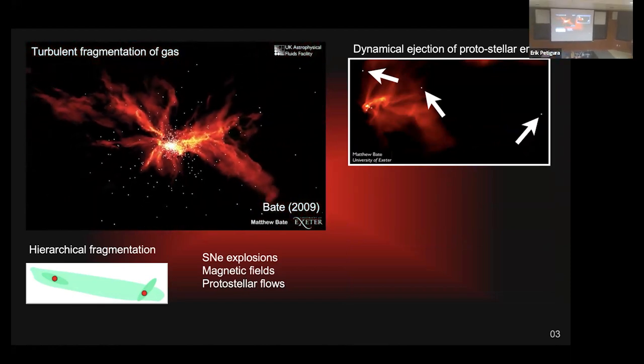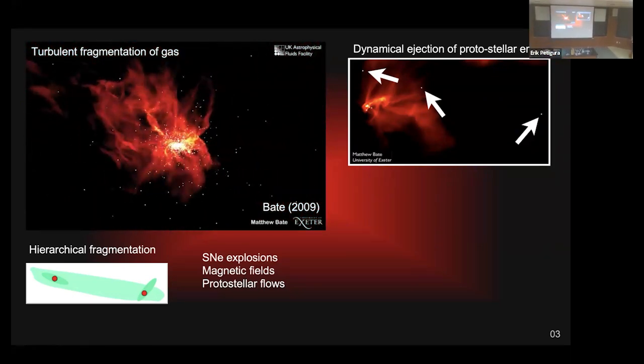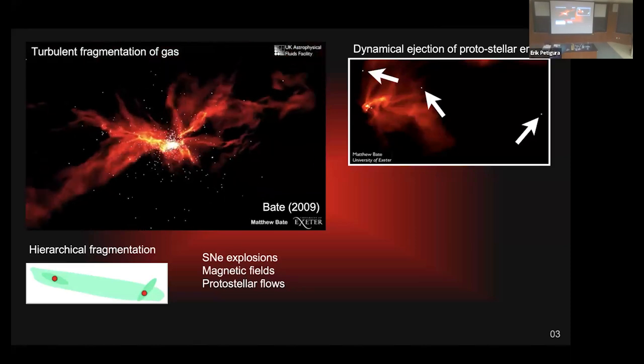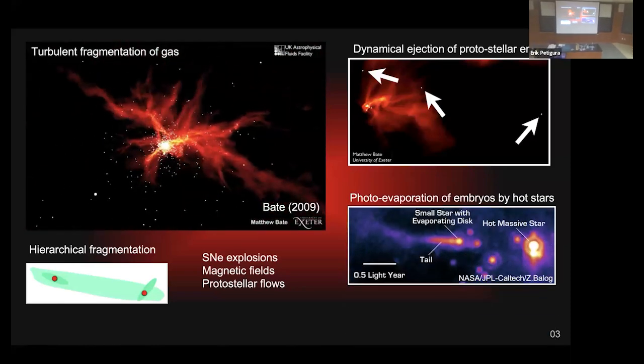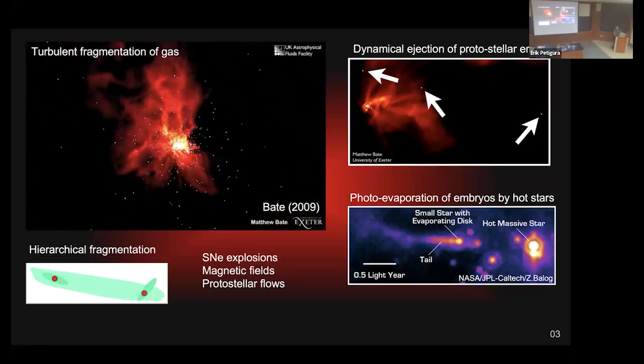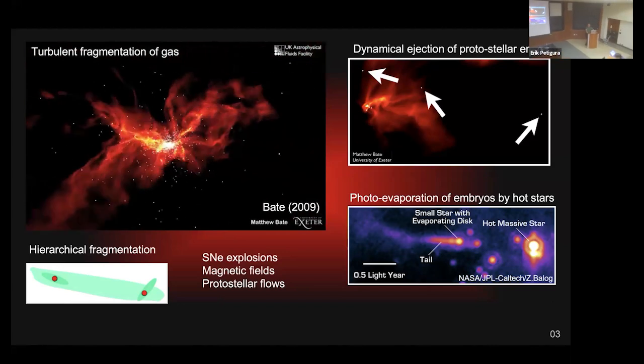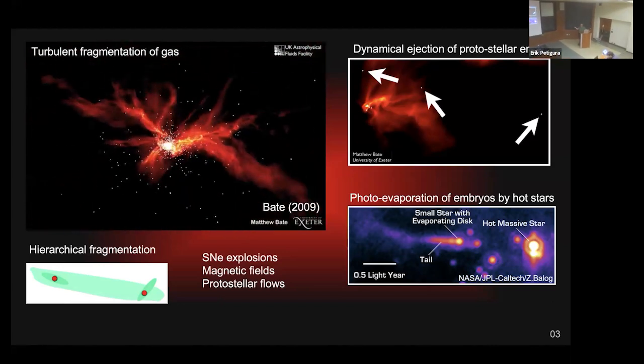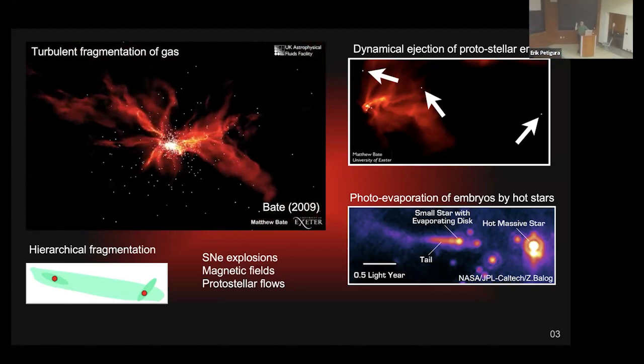So this could be a way of stunting the growth, for example, of a young protostellar embryo. Then there's also photoevaporation. So if you have a cloud of gas that has formed some very, very hot O stars, for example, the winds from those O stars can ablate the accreting material that's still accreting onto a protostar nearby and rob that embryo of actually getting any larger than it is at present.